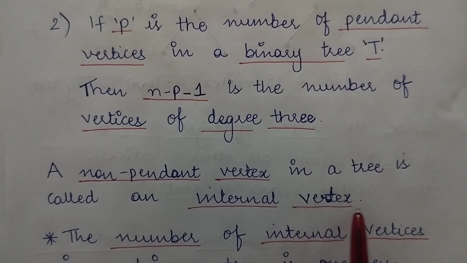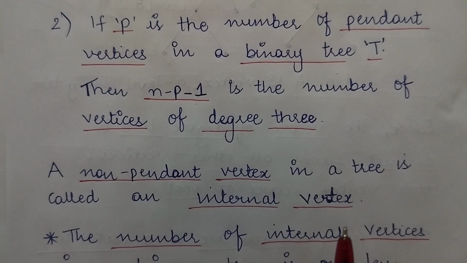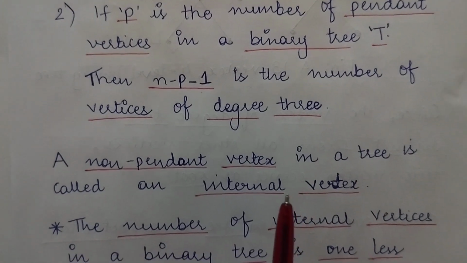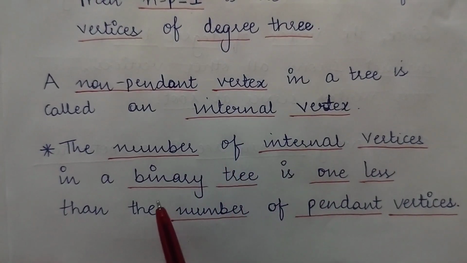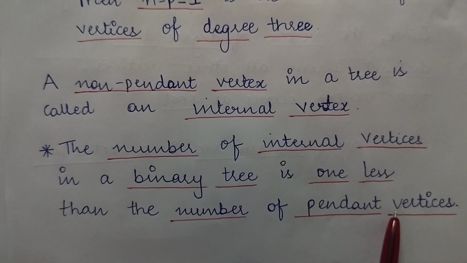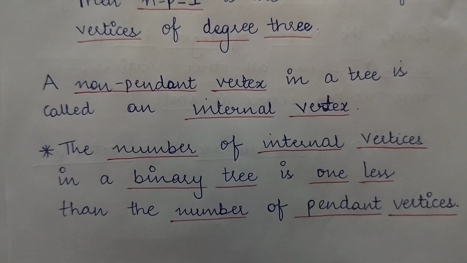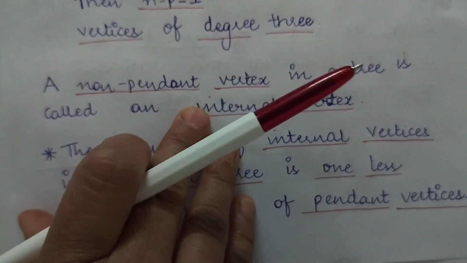So any such vertex without degree 1 is called an internal vertex. The number of internal vertices in a binary tree is 1 less than the number of pendant vertices. This is yet another property of a binary tree. The number of internal vertices in a binary tree will always be 1 less than the number of pendant vertices.